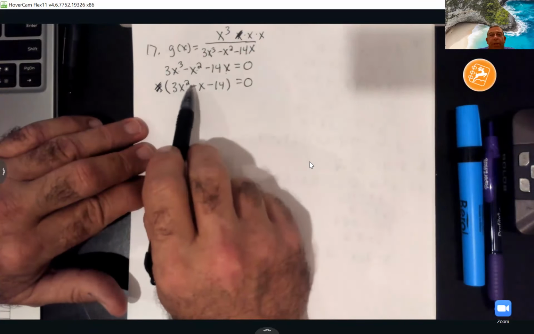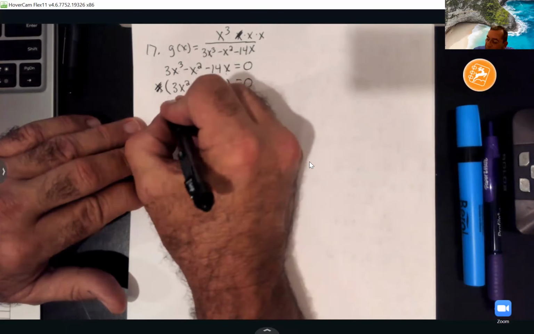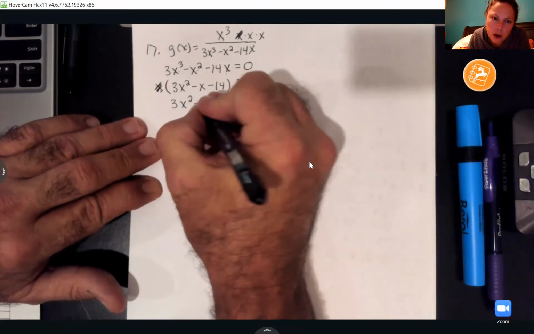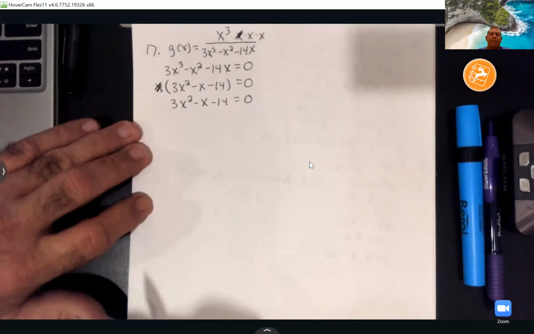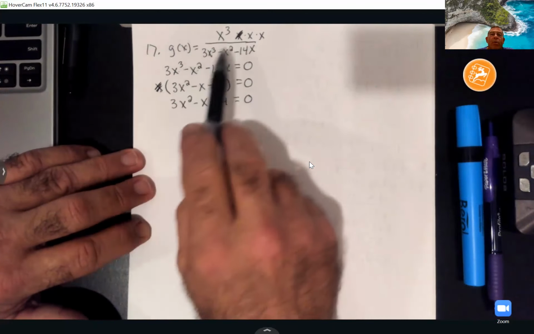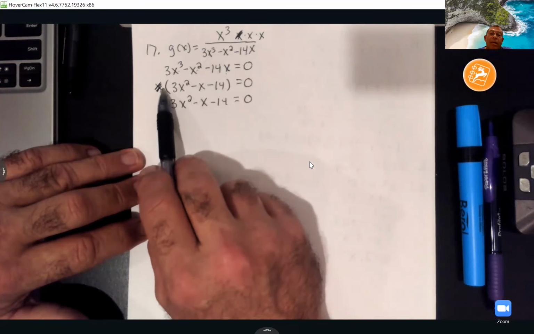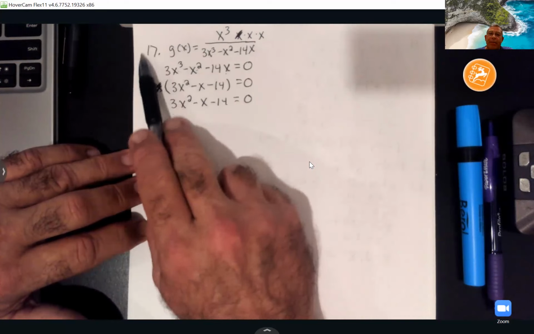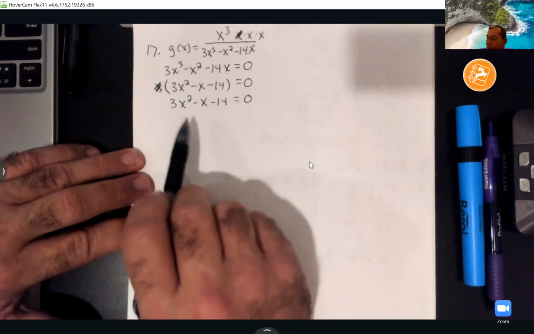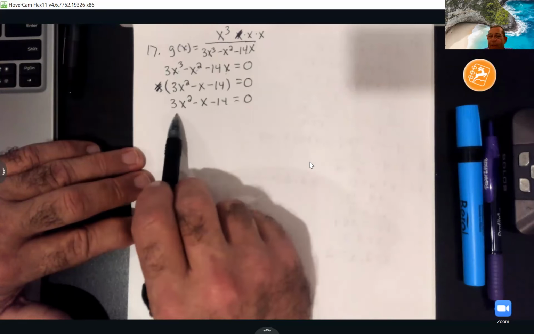So we're only going to get the two asymptotes from this 3x squared minus x minus 14 equal to 0. So y'all, when you get an x to the third, one of those x's is going to cancel out with that top, okay? Everybody's 17 will have one cancel out, so that your two asymptotes are going to come from this equation.